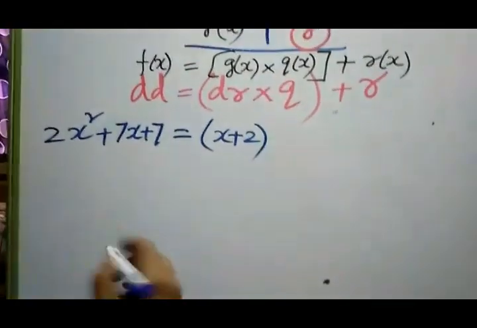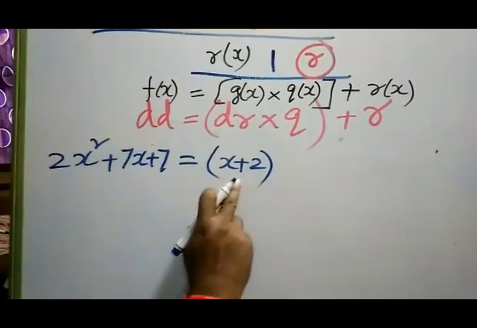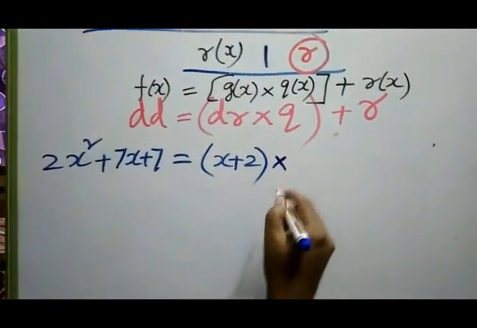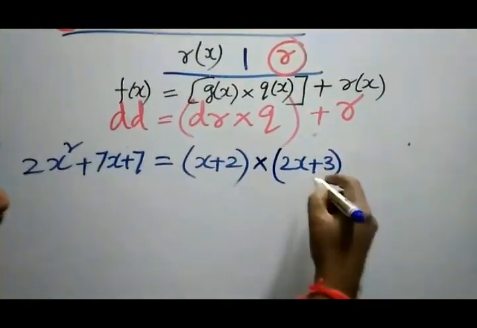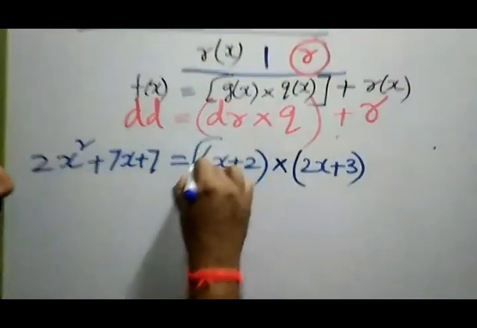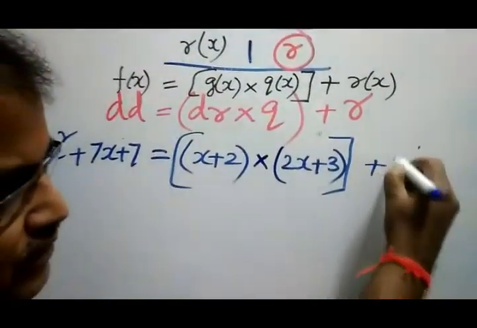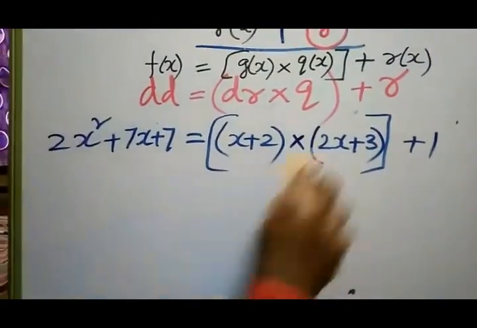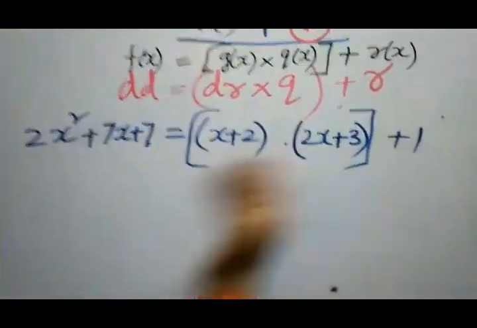Quotient is 2x plus 3, and remainder is equal to 1. This into is not required, since brackets are there; it is nothing but divisor into quotient.